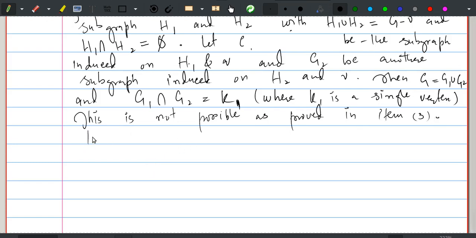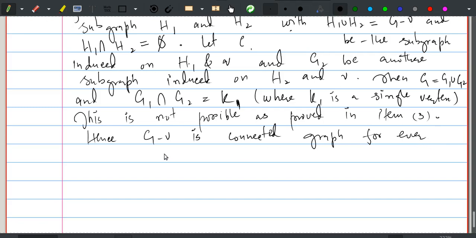Hence G minus V is a connected graph for every vertex V in G. So this proves the theorem.